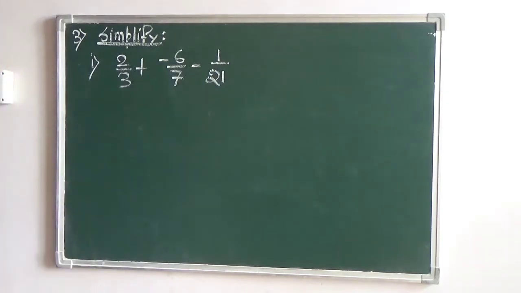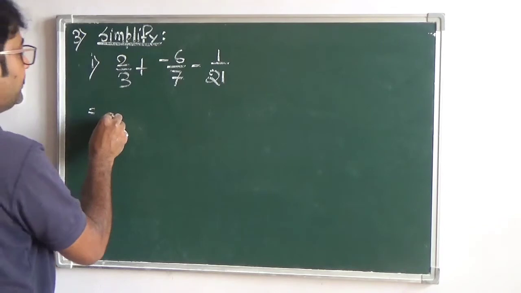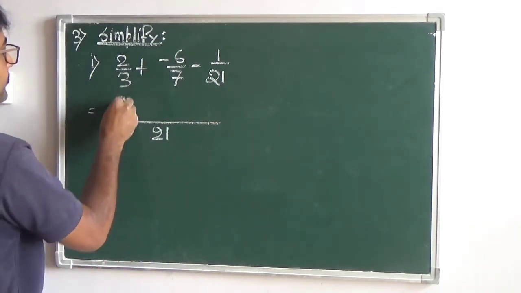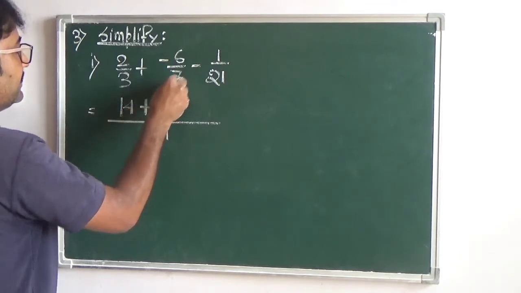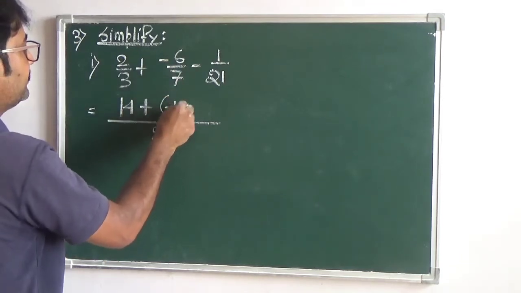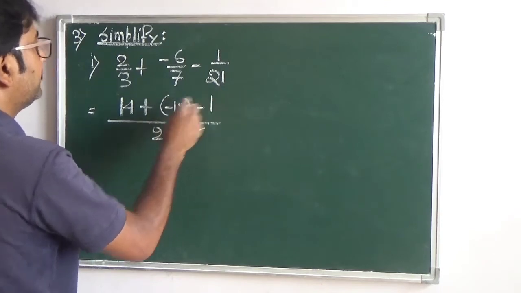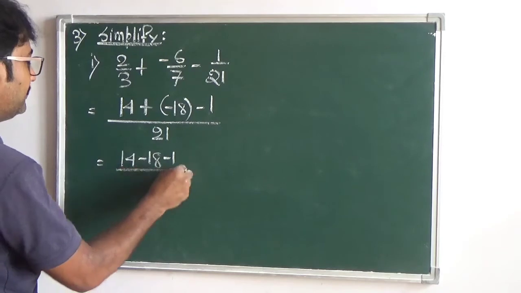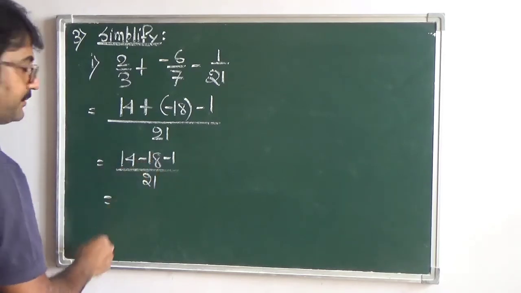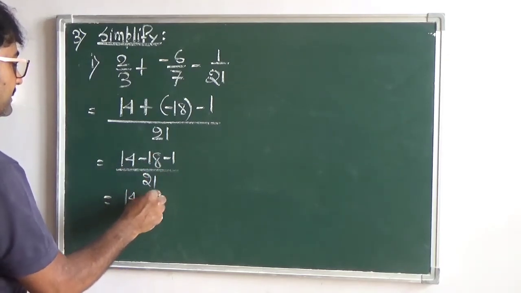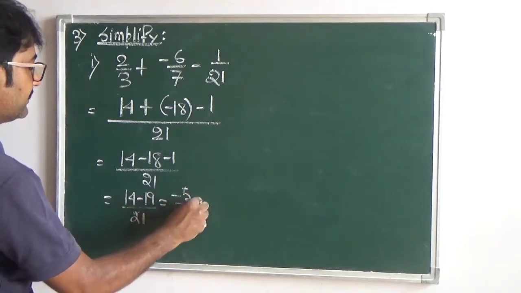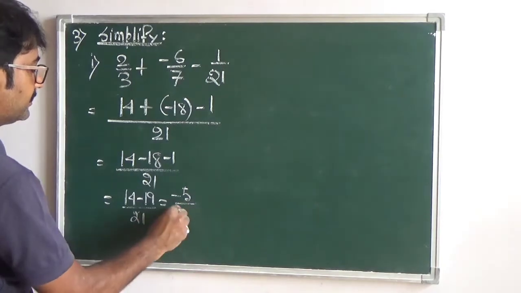Very similar to the one that we did in the previous exercise. Just need to take the LCM here. LCM is 21. So 7 into 2 is 14 plus 7, 3, 6 into 3 is 18. So it will be minus 18 and this is minus 1. So it is 14 minus 18 minus 1 by 21. Simplify the negative terms first. So 14 minus 19 by 21 and this gives you minus 5 by 21.